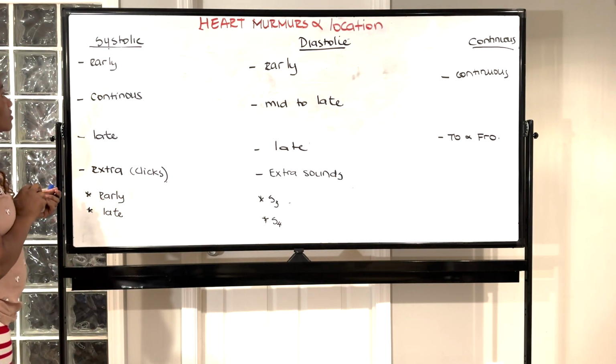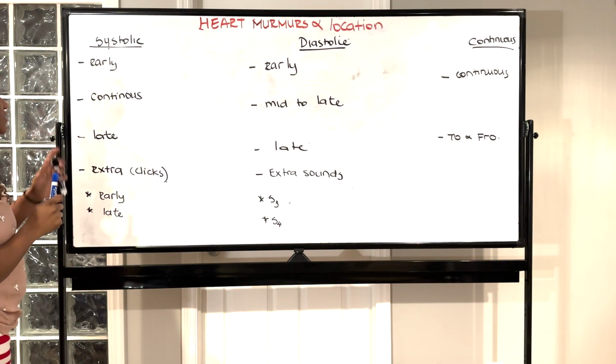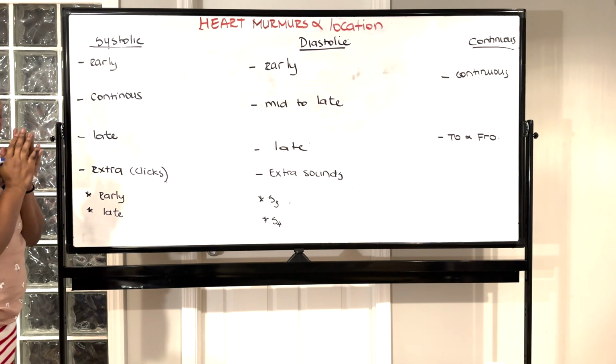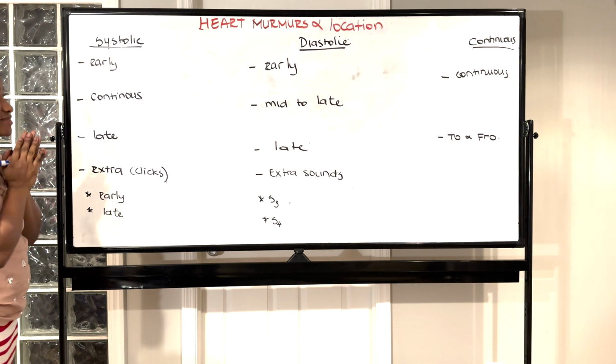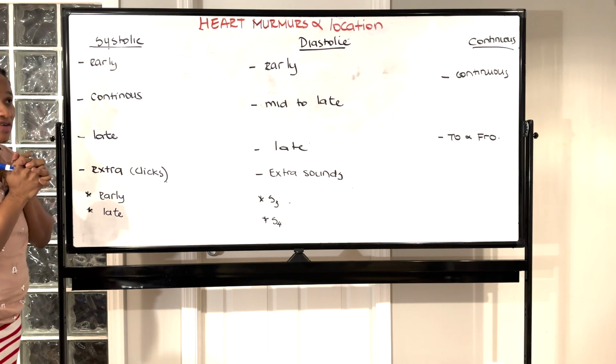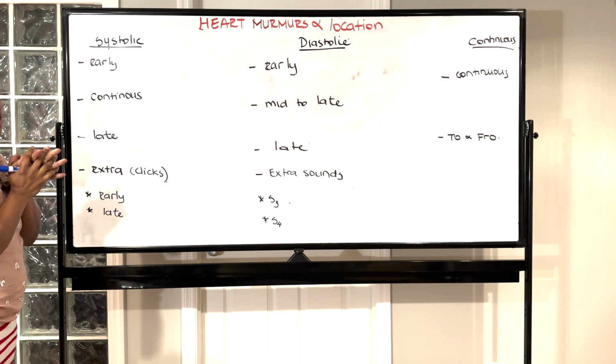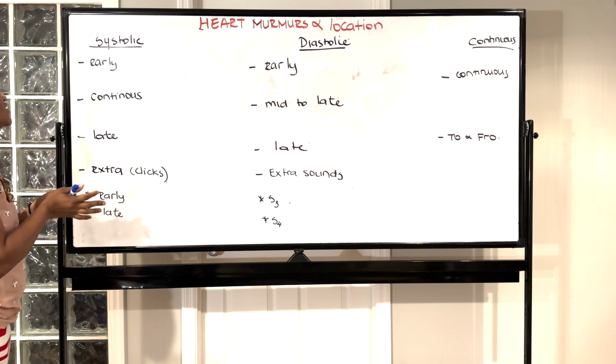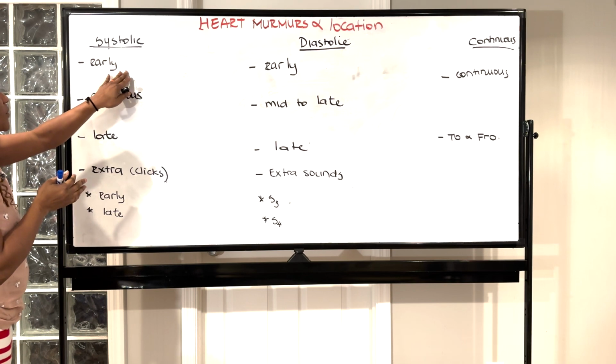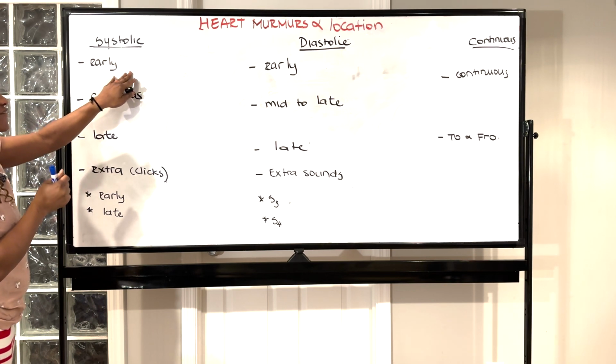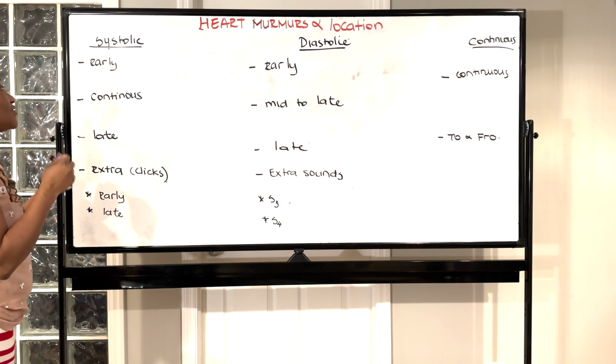Now, during systole, when we say early systolic, what should happen? In systole, the aortic and pulmonary valves should be open, while the mitral and tricuspid valves should be closed. So if the aortic and pulmonary valves don't open during early systole, you're going to have that sound.